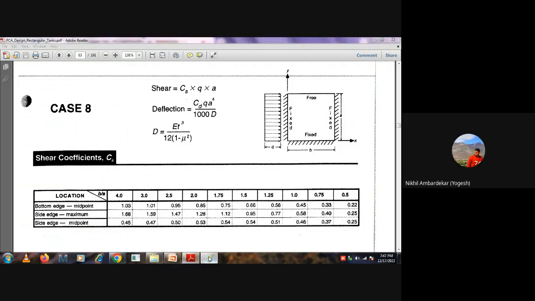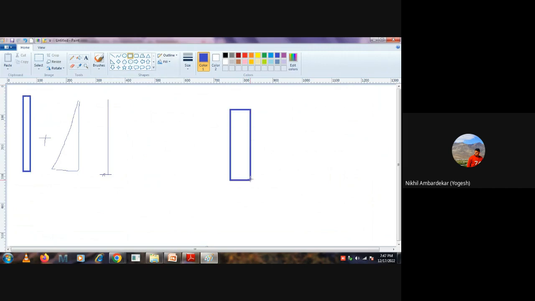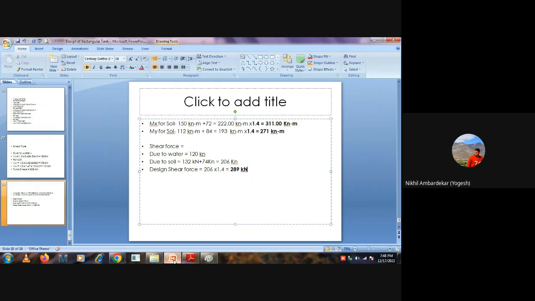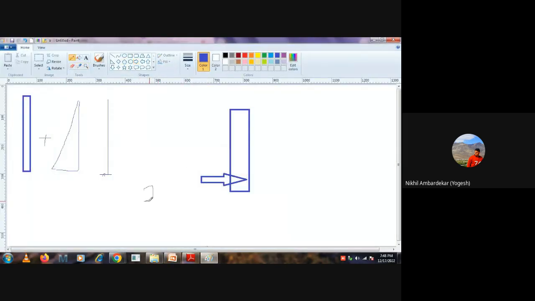Okay, sir. And if this is my wall, the left side is the outer face and the right side is the inner face. So shear force from the outer side is 289, correct? 289. And the shear force from inside is obviously less than the soil pressure.